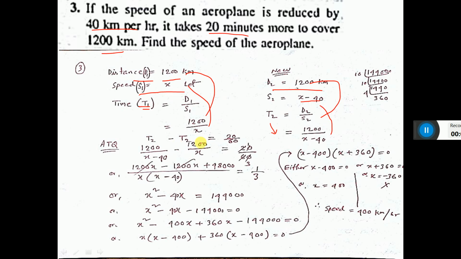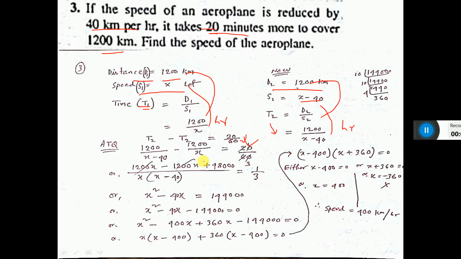So t2 minus t1 is equal to 20 minutes, given. Now 20 minutes you convert to hours, because speed is in kilometer per hour and time must be in hours. So 20 by 60 hour.